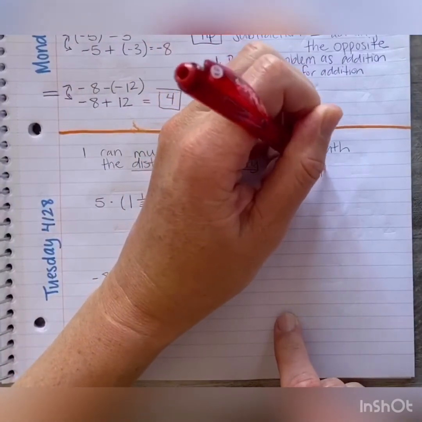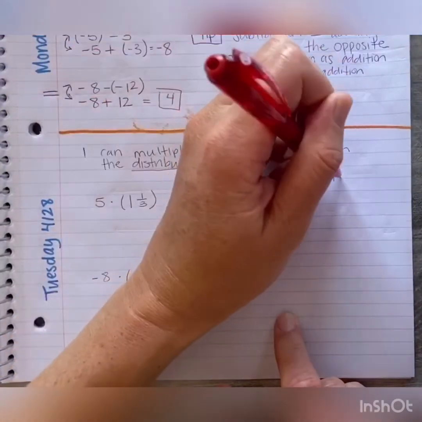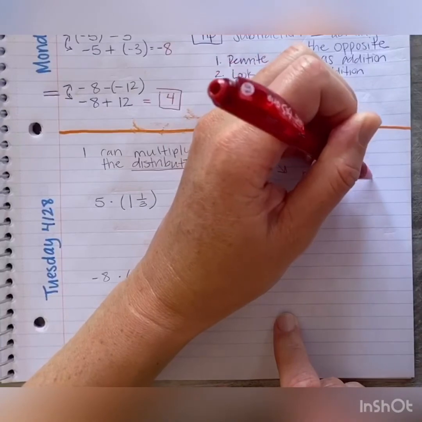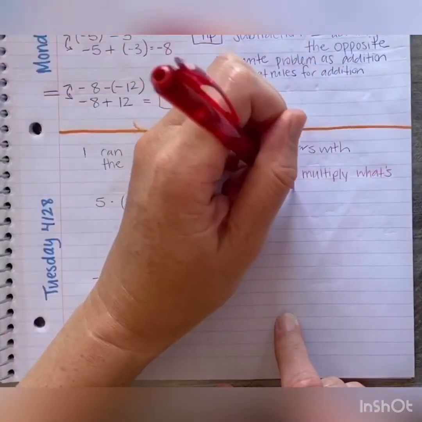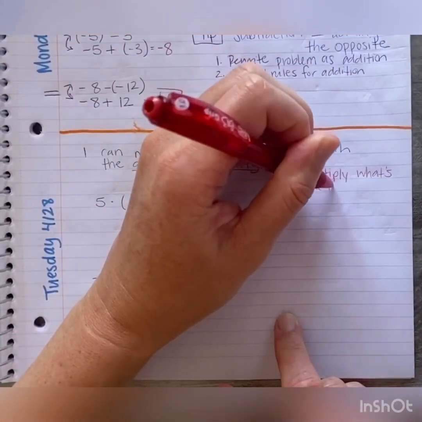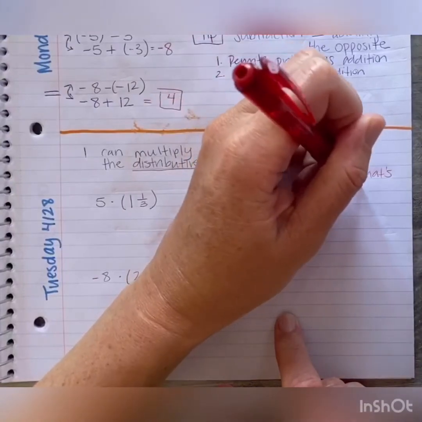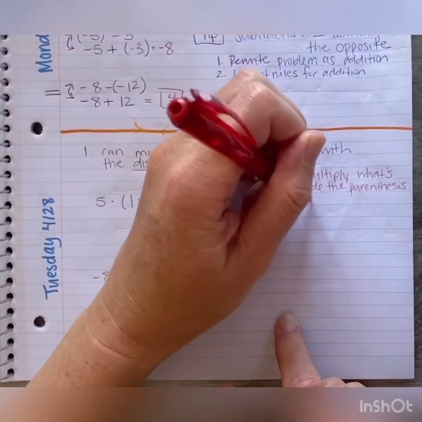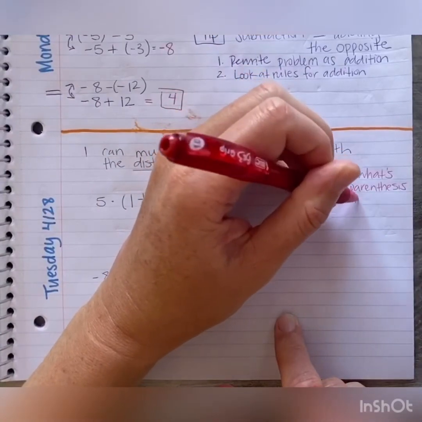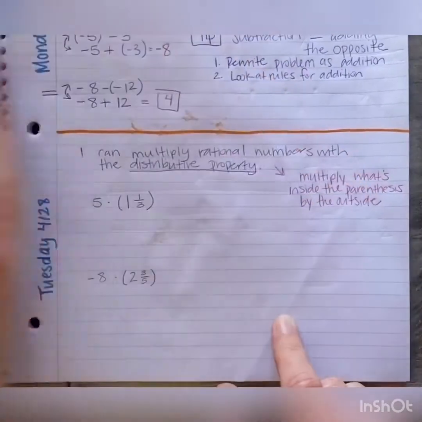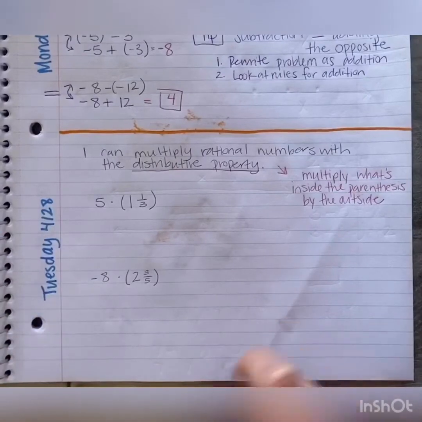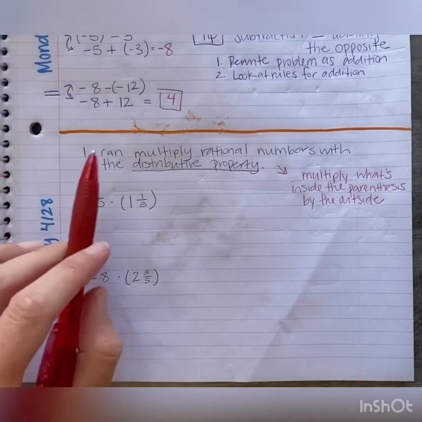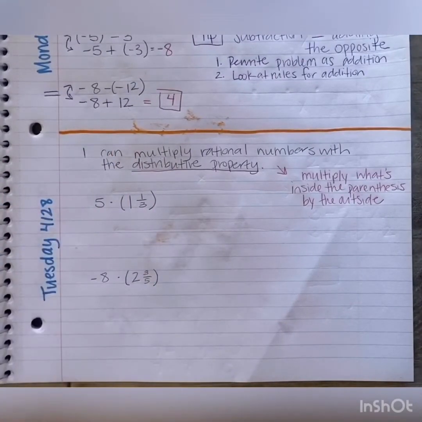So distributive property uses multiplication. What's inside the parentheses by the outside. And that includes positive and negative numbers and signs. So our objective is to multiply these rational numbers.